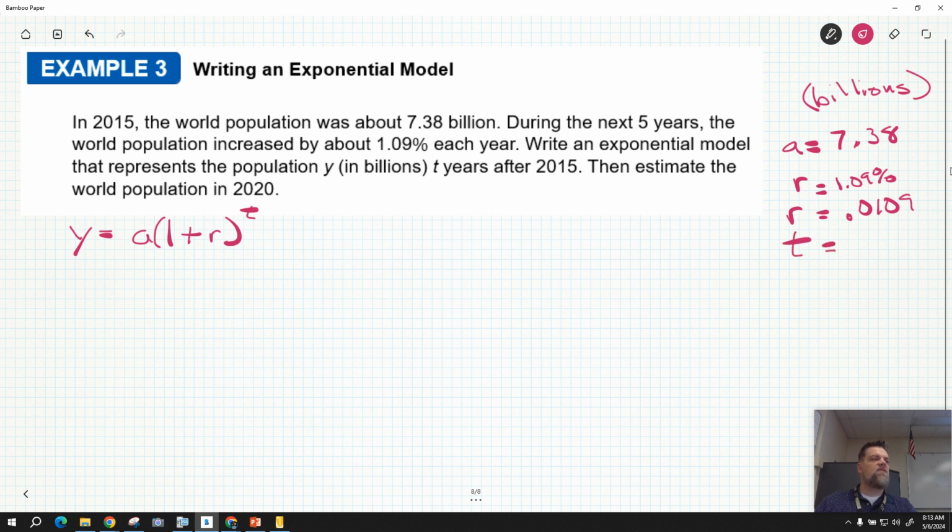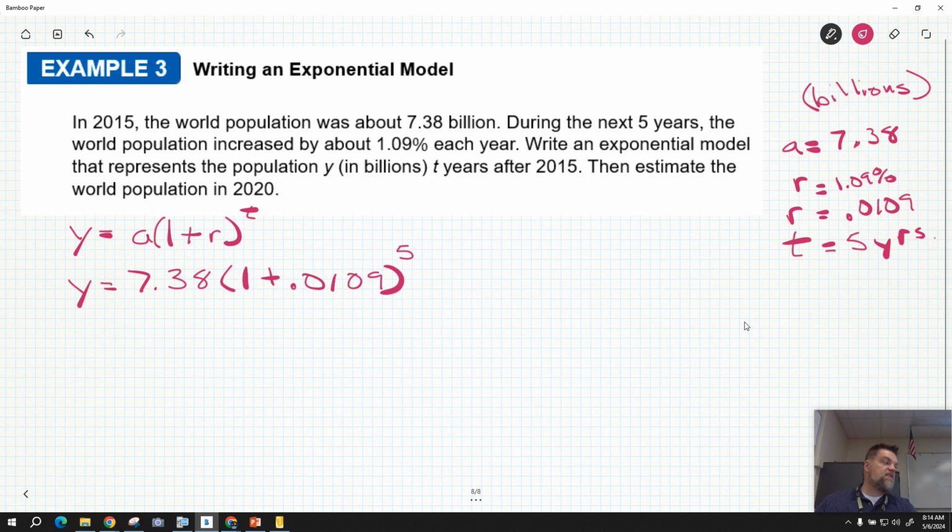Yeah, it's 5 years. So my equation is y equals 7.38 times 1 plus 0.0109 raised to the 5. Does that make sense?